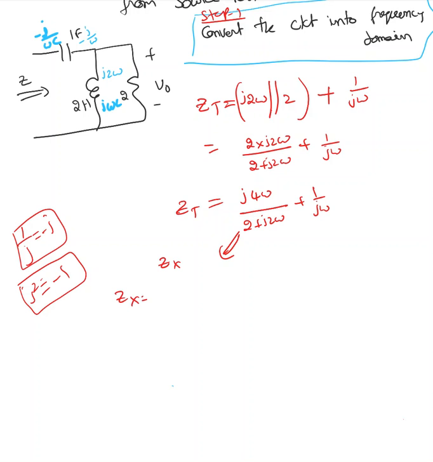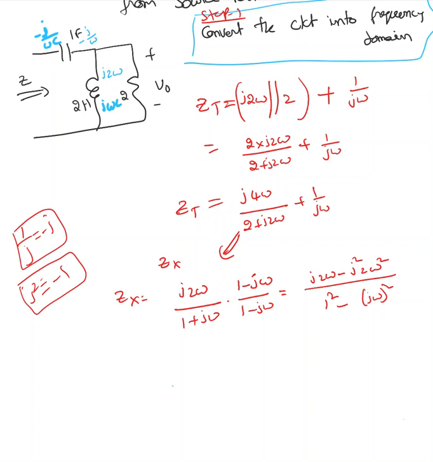So Zx equals, I'm going to eliminate 2, so it's going to be j2 omega over 1 plus j omega. To eliminate the j part in the denominator, I'm going to multiply this by the complex conjugate, 1 minus j omega. I know that this is (a plus b) times (a minus b), so I will end up with 1 square minus (j omega) square. In the numerator, I'll end up with j2 omega minus j square 2 omega square.